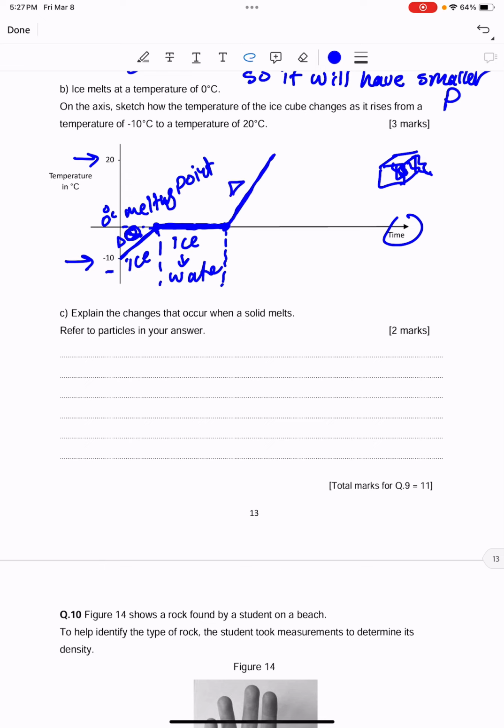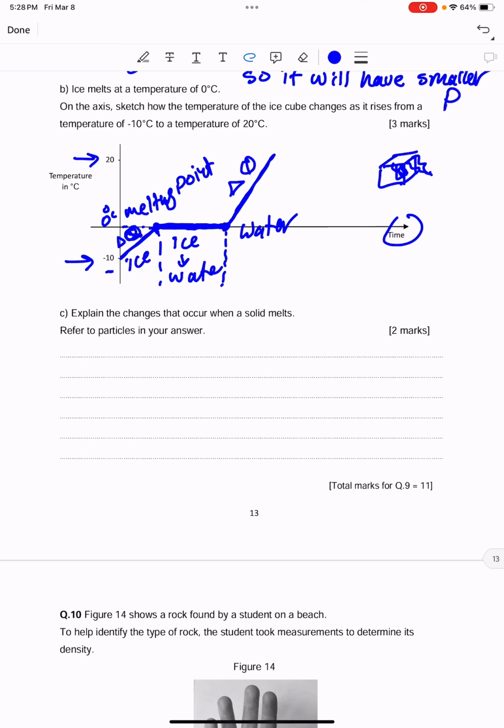Because all of the ice becomes water here, it's going to act normally, where the energy is going to transfer to the kinetic energy store, and the particles are going to be vibrating more, so rising the temperature until the boiling point.